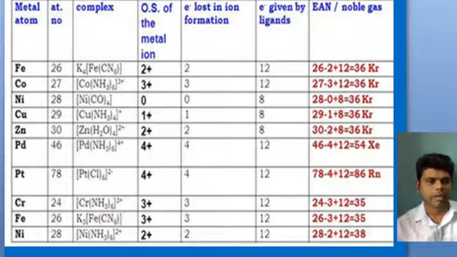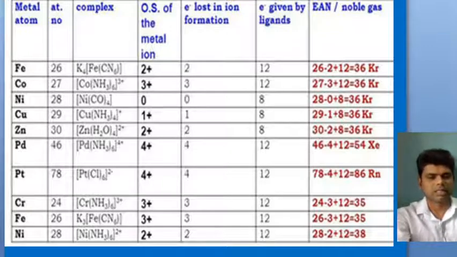And similarly the platinum complex, hexachloroplatinum 4 complex ion, or hexachloroplatinum in +4 oxidation state ion. Since the charge is -2 here, you can say platinum would be +4, because the algebraic sum of charges is equal to -2.